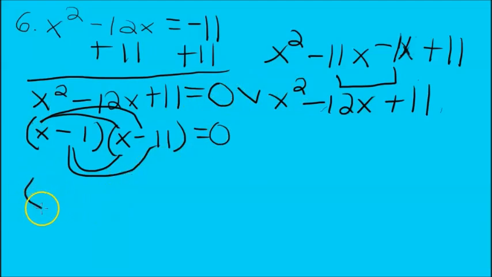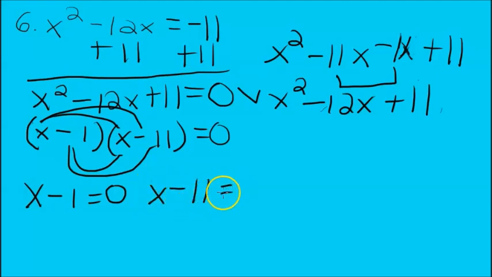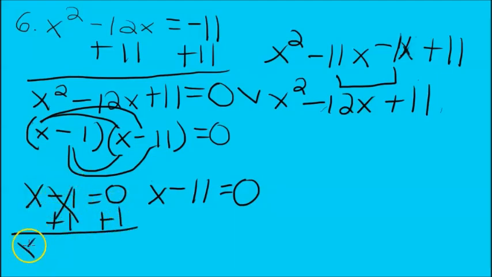Okay, so we continue with our factored portions. So we've got to set each section equal to 0. So we have x minus 1 is equal to 0, x minus 11 equal to 0. So for this one, we add 1 to either side because we're trying to get x by itself.